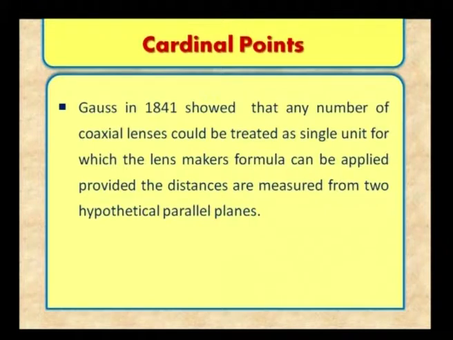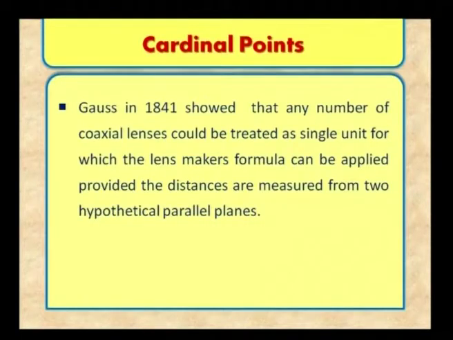And it is in 1841 that Gauss showed that any number of coaxial lenses, coaxial meaning passing through the optic axis passing through all the lenses, can be considered as a single effective lens, a single unit, for which the lens maker's formula, which I will be showing again today, can be applied, provided the distances are measured from 2 hypothetical parallel planes.